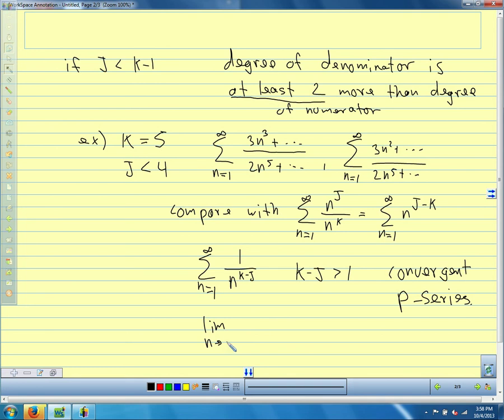And as n approaches infinity, p of n over q of n, just like we did with our harmonic series, divided by 1 over n to the k minus j, so multiplying by n to the k minus j.